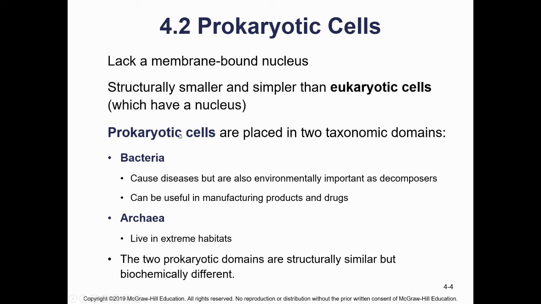I like to compare these. So when we say they're structurally simpler, our prokaryotes have one big room where everything happens. Our eukaryotes have these membrane-bound organelles inside. They have compartmentalization. So a prokaryotic cell is like a one-room schoolhouse. A eukaryotic cell is like a big school with lots of different classrooms, a separate place for administrative functions, separate places to eat.